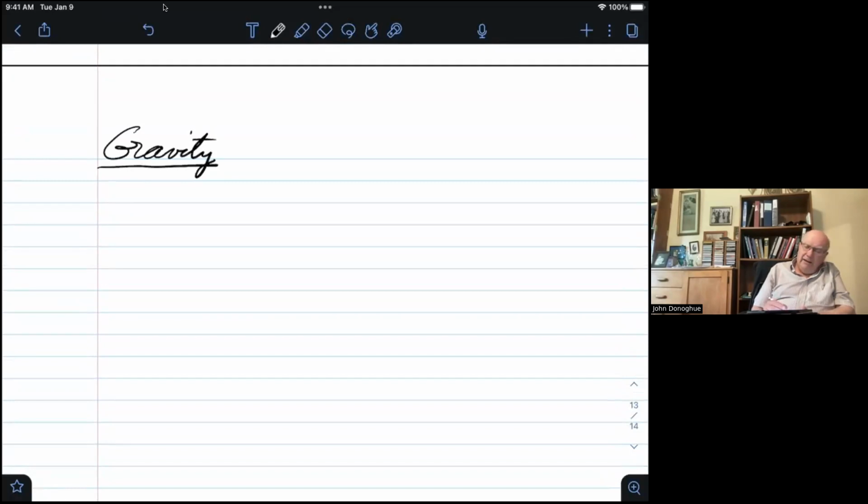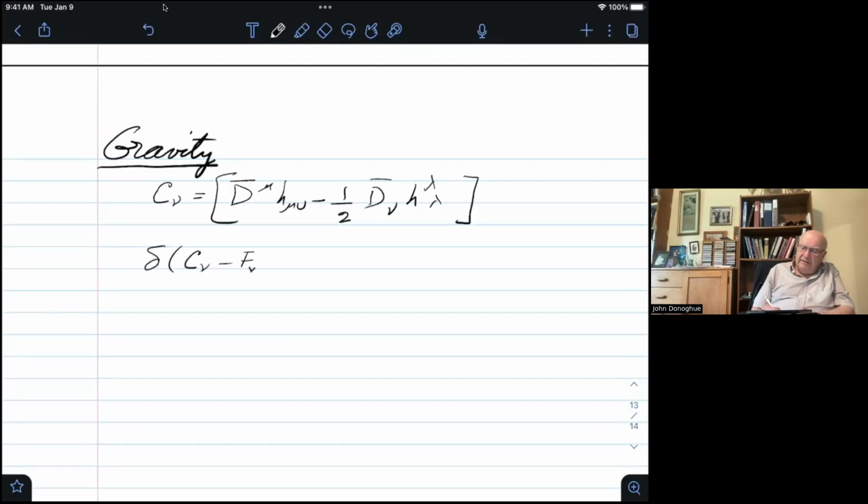The constraint here that I'm going to impose is d bar mu h mu nu minus 1/2 d bar nu h lambda lambda, and the constraint that I'm going to add in is a delta function of c nu minus some constant.